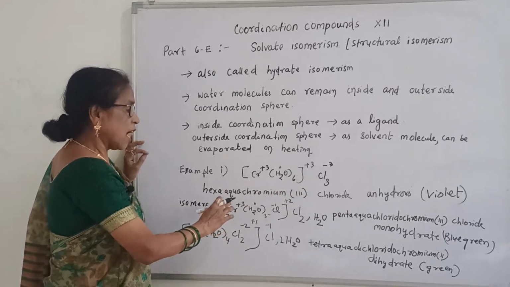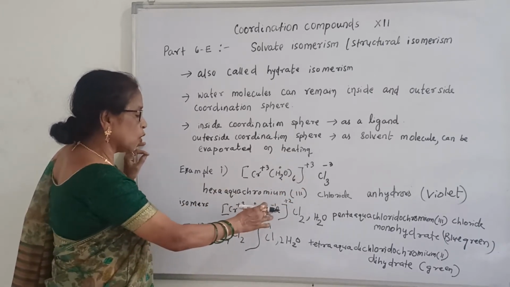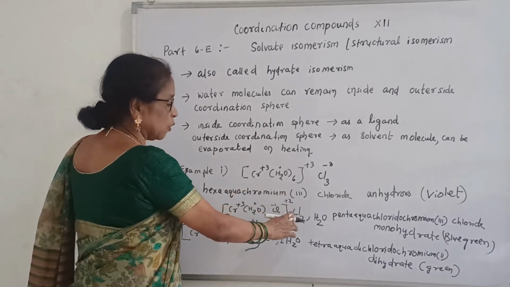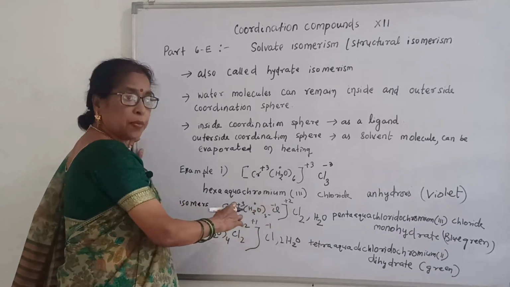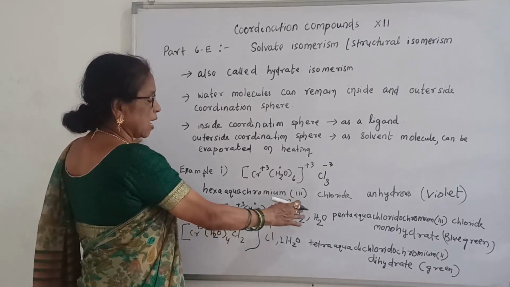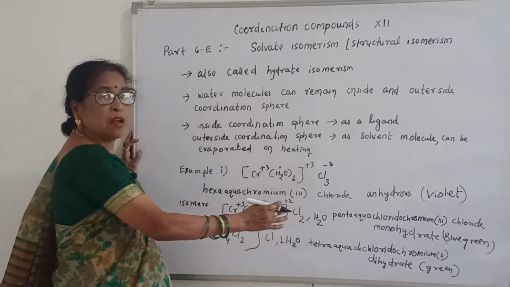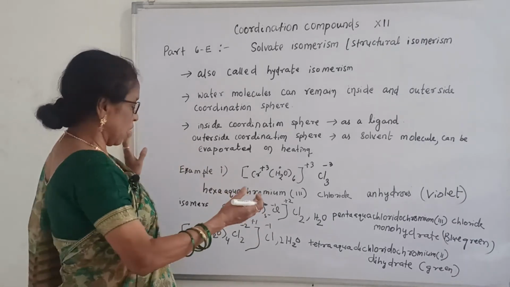Again see, pentaaquachloridochromium(III) chloride. Now you can see the charge of the complex ion is +2 and the chloride ions are -2, which cancel because the chloride ion is -1.